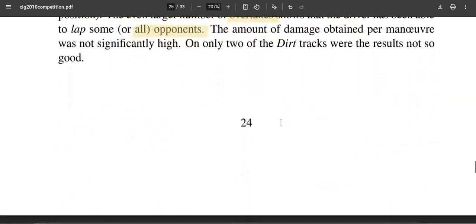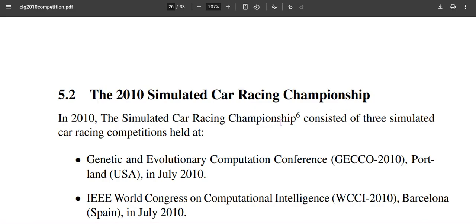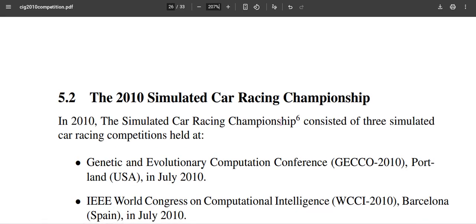Again, this shows that this tuned fuzzy logic based controller can perform well against the controllers developed by the TORCS simulator itself, where those TORCS bots know the track information ahead compared to Autopia.